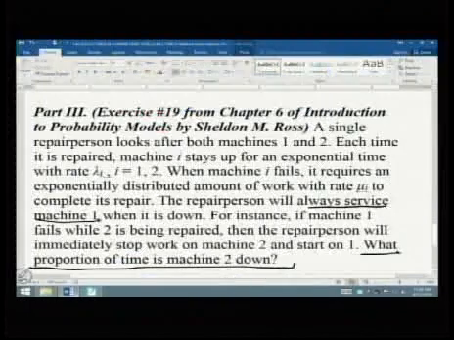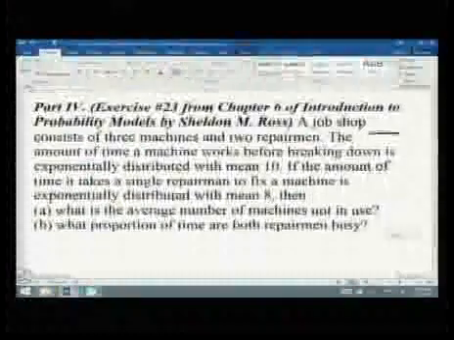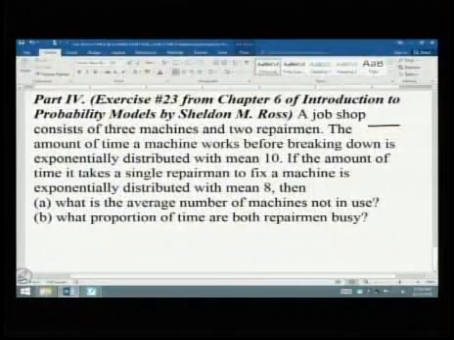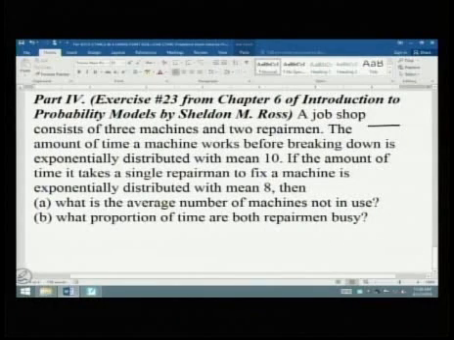Okay, now let's move on to the last question for today. Okay, so in this example, a job shop consists of 3 machines and 2 repairmen. And the amount of time a machine works before breaking down is exponentially distributed with mean time of 10.